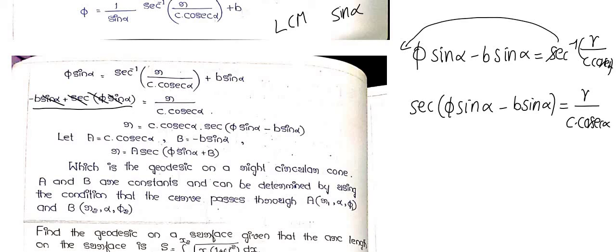Then this equation becomes a into secant of phi sin alpha plus b, which is the geodesic on a right circular cone, where a and b are constants and can be determined by using the condition that the curve passes through A of r1, alpha, phi 1 and B of r2, alpha, phi 2. These two are points on the cone.